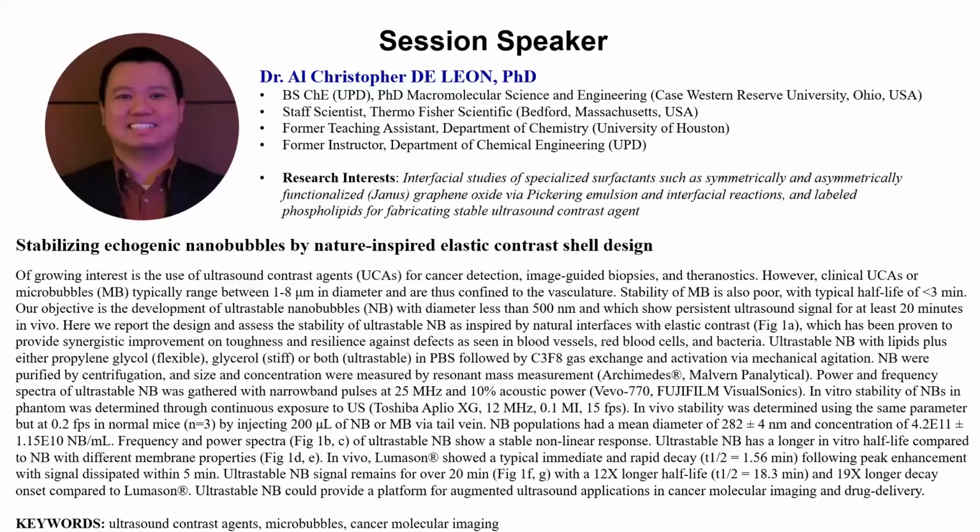Nice talk. I have a question because you showed earlier a plot wherein the size of the diameter of the bubble is not changing irrespective of the formulation. Do you have any insights on what limits that size?